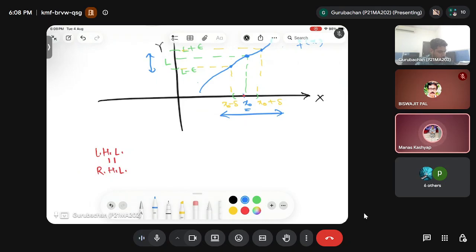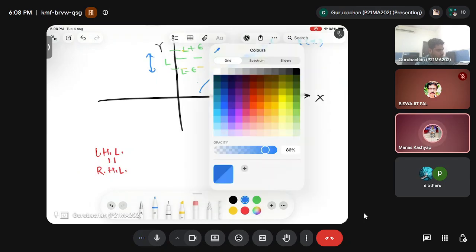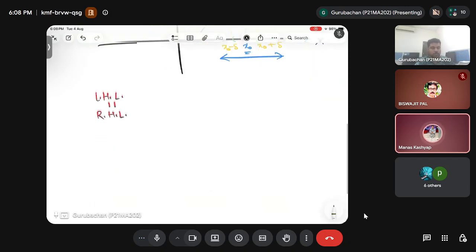So for a point, we will reach through infinite points, like from every point of a small circle to the point where we are finding the limit. Correct, infinite ways.